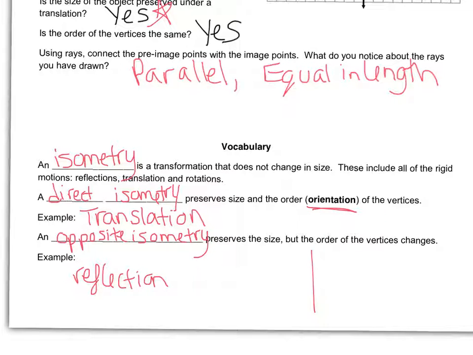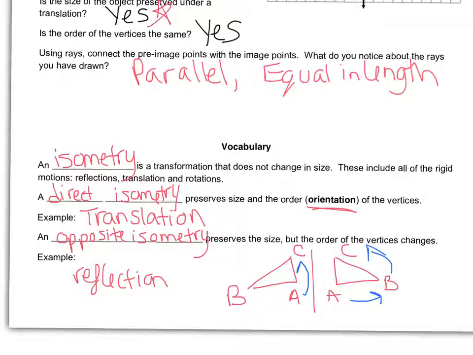If you had triangle ABC here, and we're reflecting it over this line, this would be A, this would be C, and that one would be B. So if you go in order here, we have A, B, then C, but even if we start at A here, we go A to C, where over here we went from A to B, and then C to B, where here we went from C to A. So the order of our letters is not the same for an opposite isometry or a reflection.